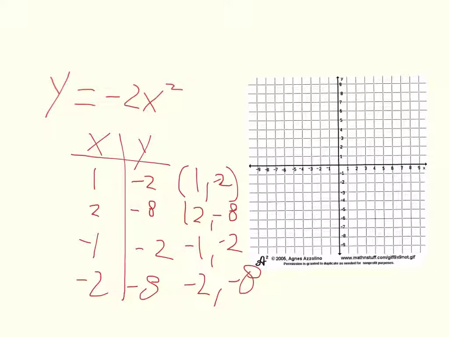So now we just plot these points on the graph, and the same thing on the other side. Then you just connect the lines at the 0 right here. Sorry, that was a little messy. There, it's a little bit better.